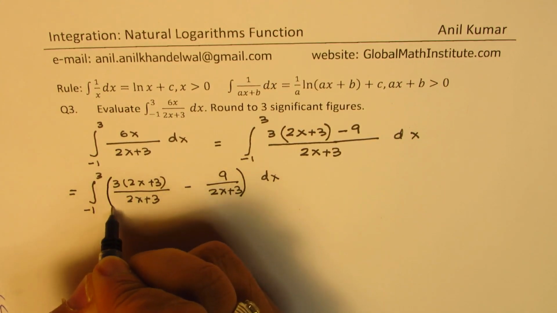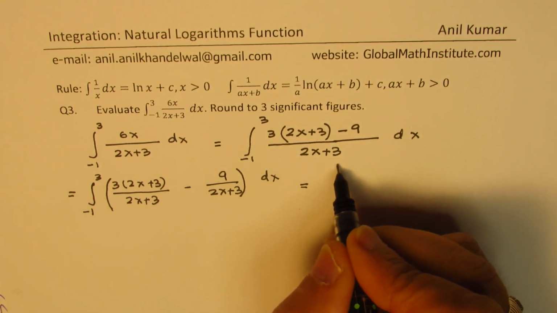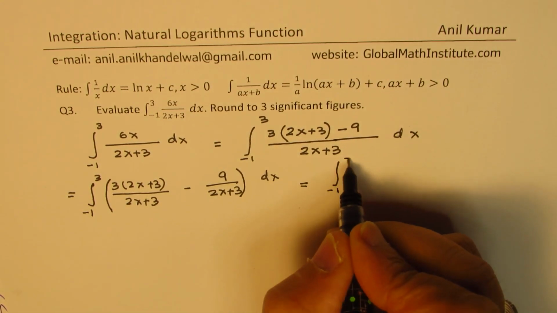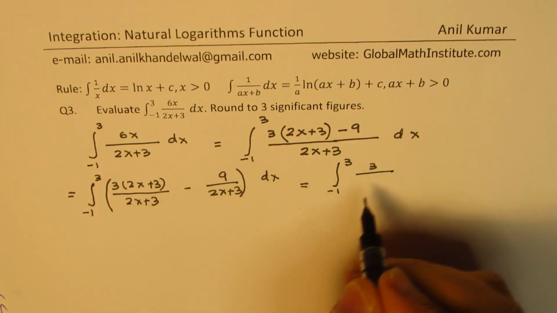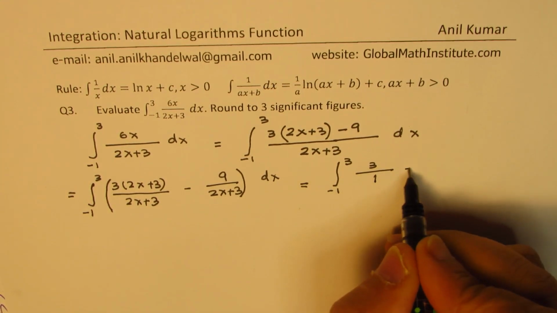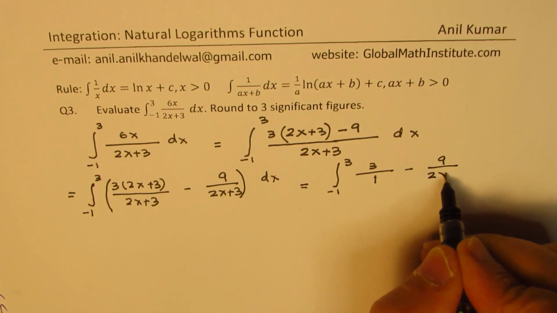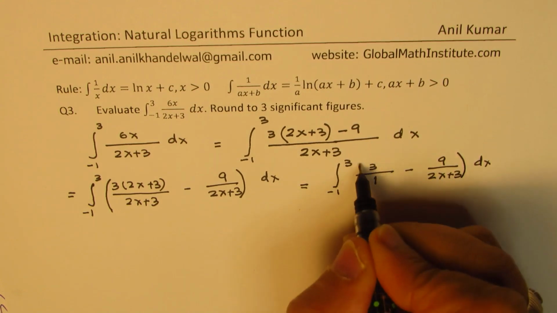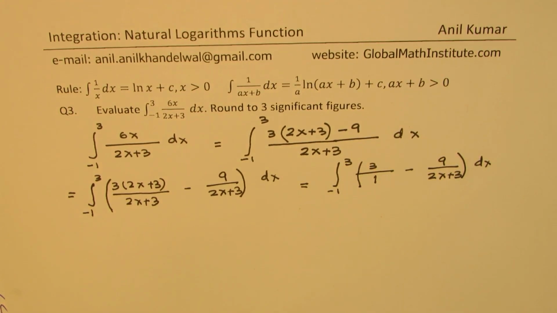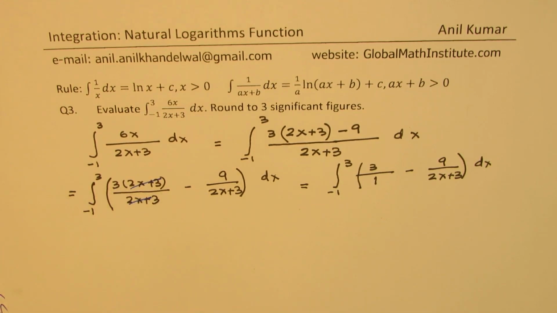Correct? Now 2x plus 3 cancels, and so what we get here is 3 over just 1, right? So just 3, minus 9 over 2x plus 3 dx. Is that clear? So what we did was we just cancelled this out. So we are left with a constant 3 here, right?